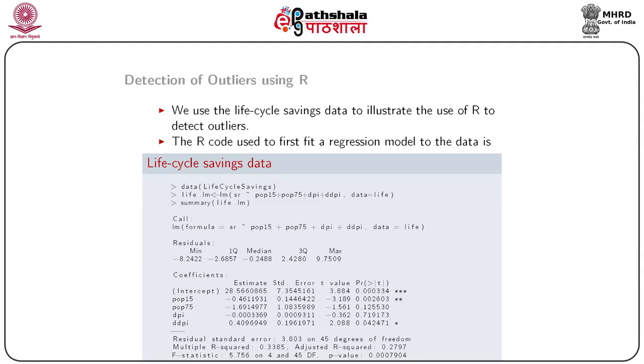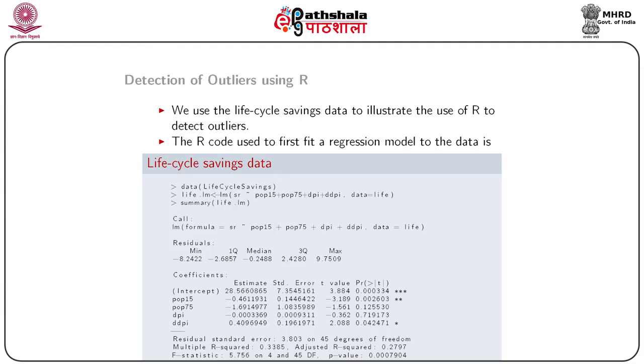Now, after we have discussed these different measures of detecting outliers, let me illustrate these methods using the life cycle savings data. We will use this dataset to illustrate the use of R to detect outliers. The life cycle savings dataset is an inbuilt dataset in R, so before we fit a model to the dataset, we call the dataset using the data function.